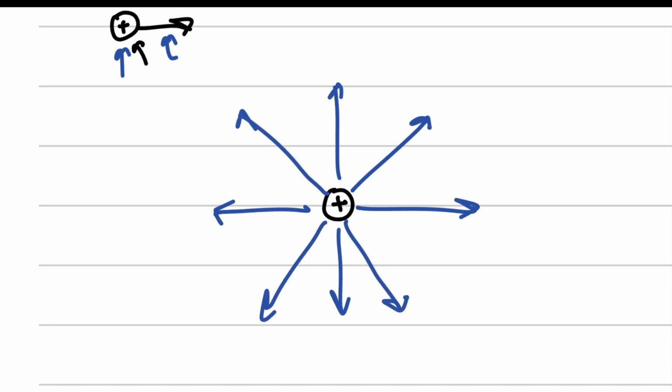And we can examine any point around it. These are just points in space, they don't have to be charged particles. Point P, Q, R, S, T, these are all just points in space.